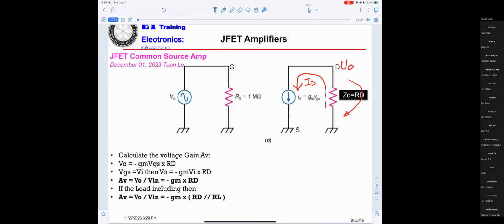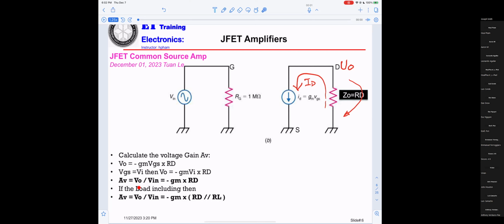Therefore, Vout will be equal to minus gm times Vin times RD. And if you want to calculate the voltage gain, AV equals Vout divided by Vin, so it will be minus gm times RD.